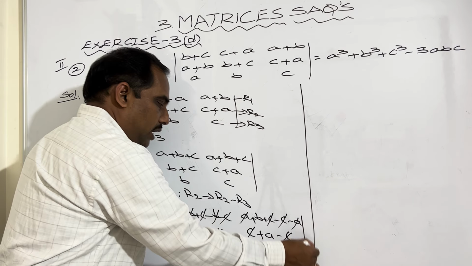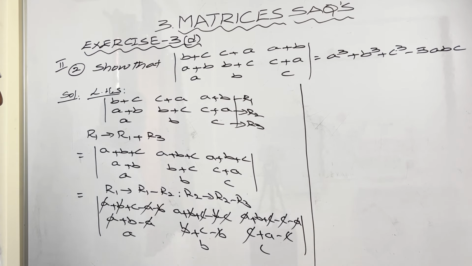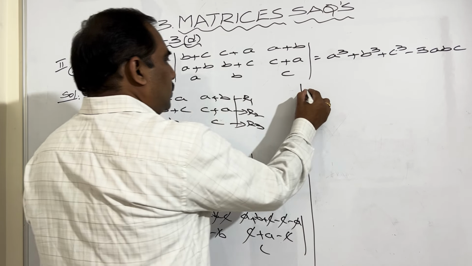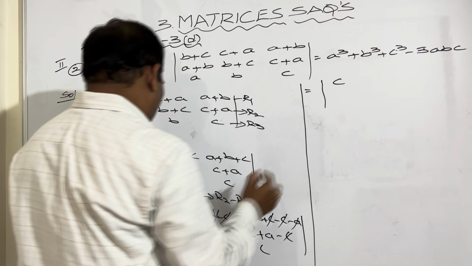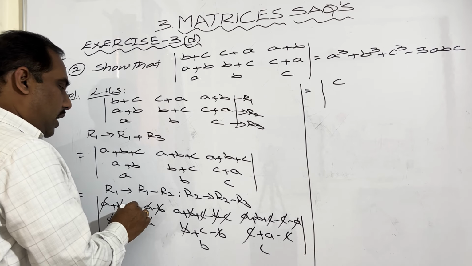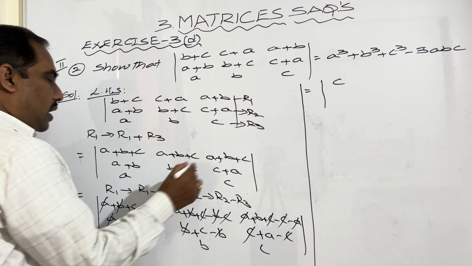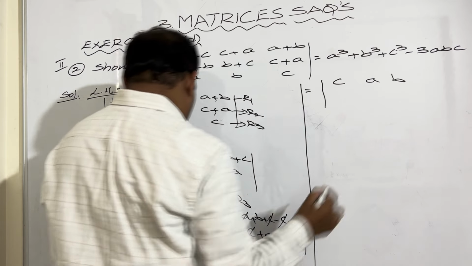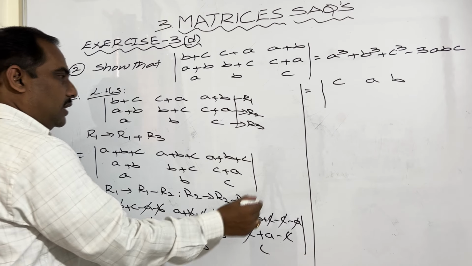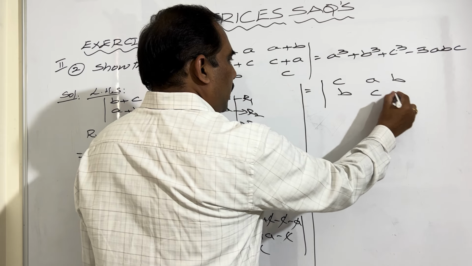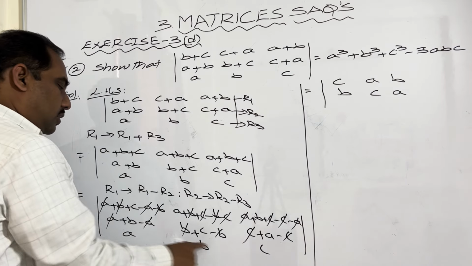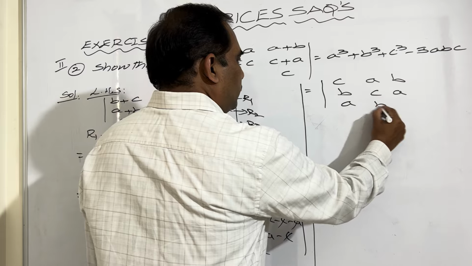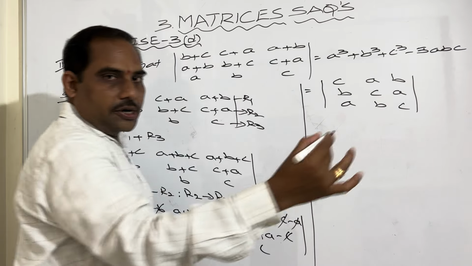So now we get a 3 by 3 determinant: in the first row C, A, B; in the second row B, C, A; and in the third row A, B, C. Now expanding the determinant.